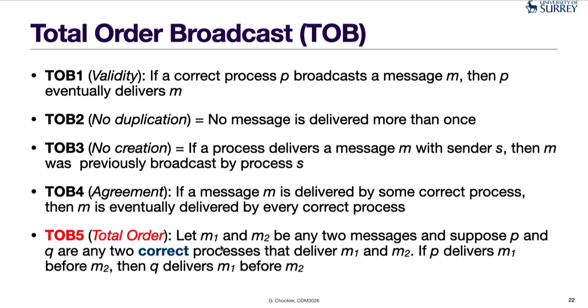Here we are looking at a pair of messages, M1 and M2, and two processes P and Q, which are assumed to be correct for this definition, who deliver both M1 and M2. And what we want is that if one of them, say P, delivers M1 before M2, then the other one, Q, also delivers these two messages in the same order. So it delivers M1 before M2.